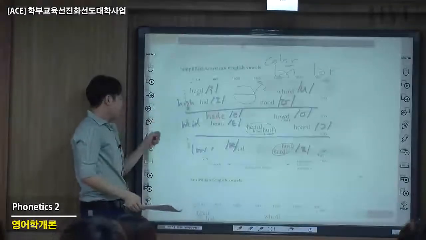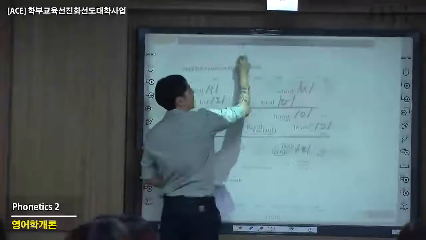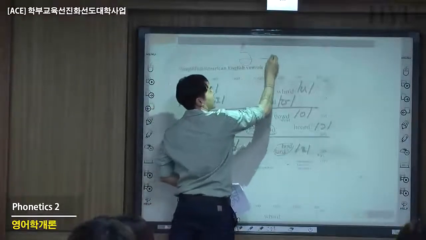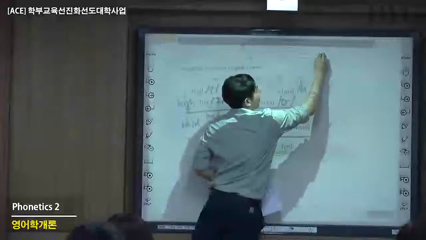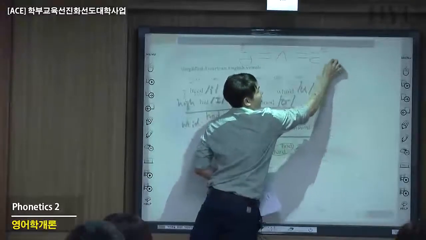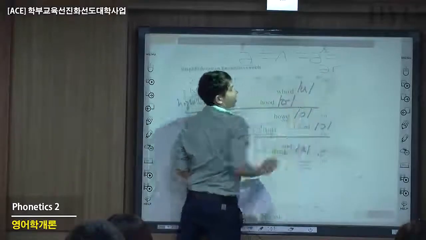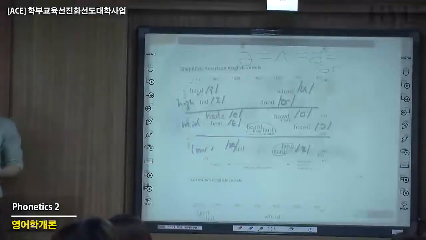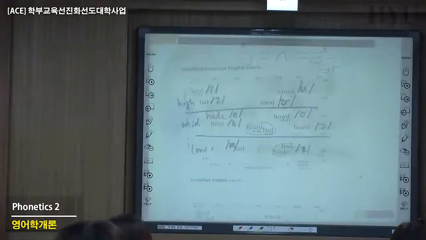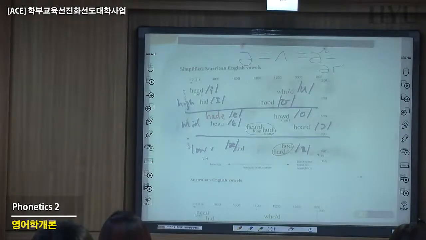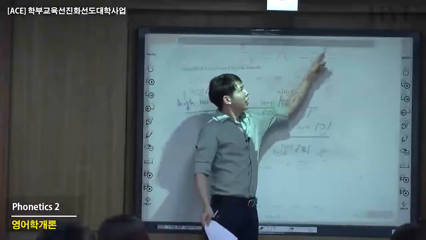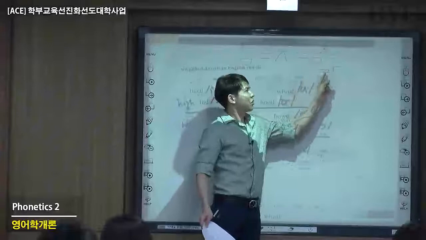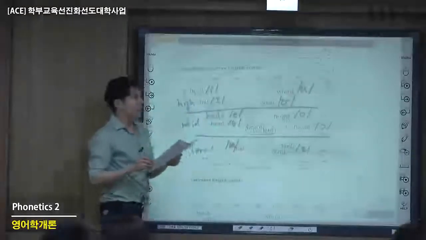So in other words, what I want to say is this, for our class, is equal to this, is equal to this one, and sometimes a schwa with an R. Same thing for our class. Schwa with an R after it is just like schwa with an R.